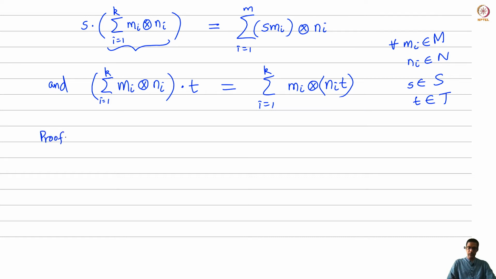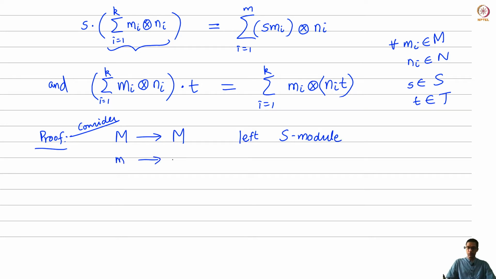Let's first define the left and the right multiplication maps. Observe firstly that M is a left S module. It's more than that, it's an S-R bimodule, but at the moment let's use only this structure. What does that mean?